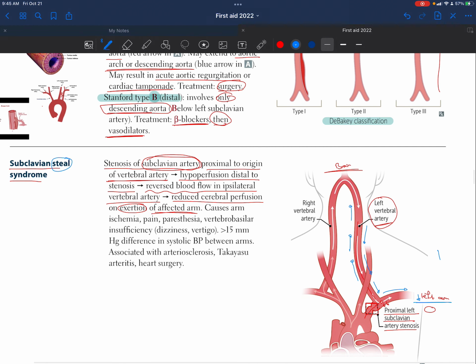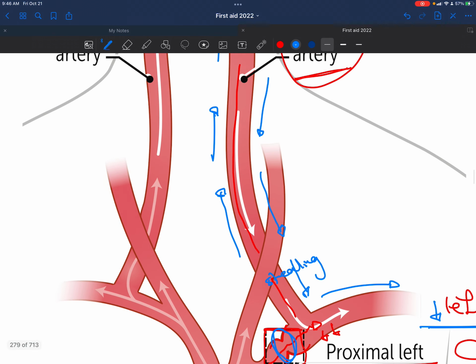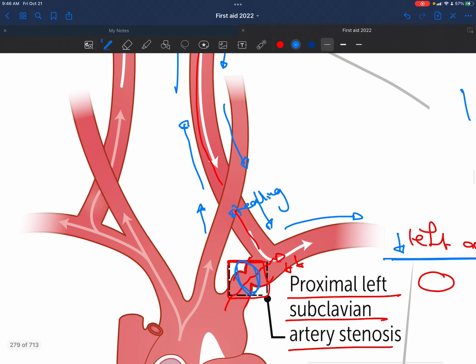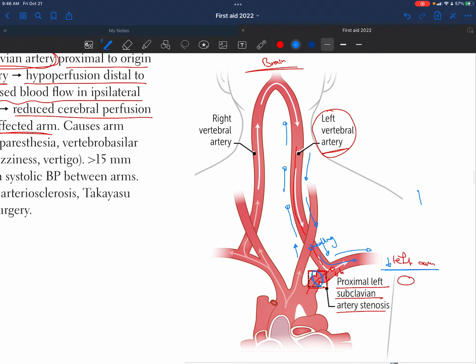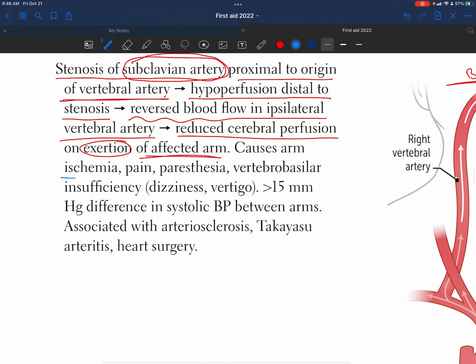That's why it's called subclavian steal, because the subclavian, because of its stenosis over here, is stealing the normal blood that should just go up into the vertebral artery and feed the brain. It's stealing its blood supply and moving it to the left arm. So that's why the subclavian is stealing from the left vertebral artery.